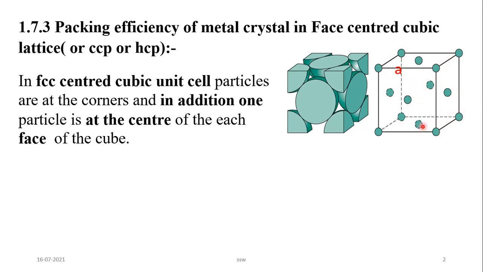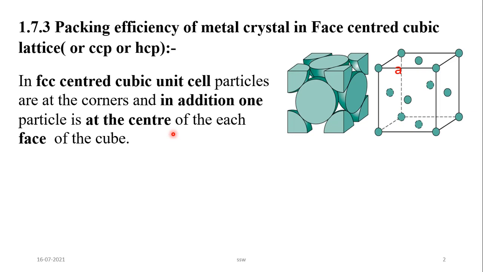Like this, in any cubic system 8 corners are there. So at the corner one particle is there, like this. This is the face particle which is present at the center of the face, and these are the corner particles, like this. So this is the arrangement of the particles or spheres in face centered cubic unit cell.